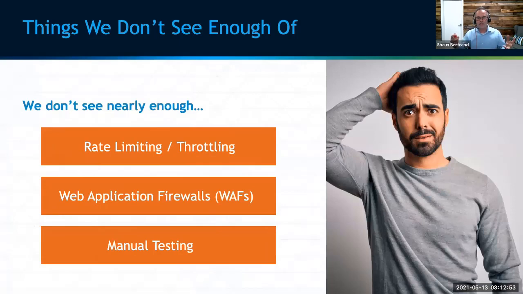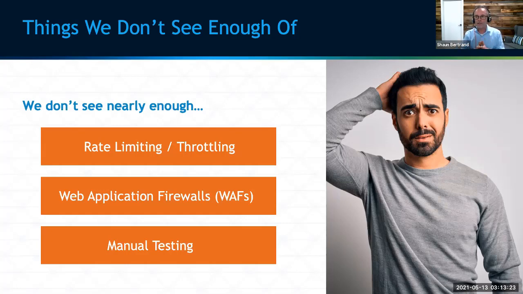All right, things we don't see enough of that we wish we did. First and foremost, it's rate limiting and throttling. What is rate limiting and throttling? It's basically governing how much traffic is allowed to and from our application. There are easy ways to do this and hard ways to do this, but we don't see this enough. Rate limiting and throttling can make a huge impact on things like brute force attacks or probing for vulnerabilities against a certain parameter or a certain field.